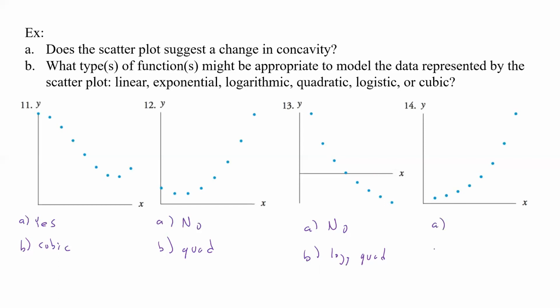All right, what about A and B here? All right, well, this one, it looks like it's just going straight up. So that one has no change in concavity. Now, on this one, that's for sure possibly going to be an exponential. That's one possibility. But on this side, well, we could come back up over here. We don't know how that data is over there, so that could also be a quadratic.